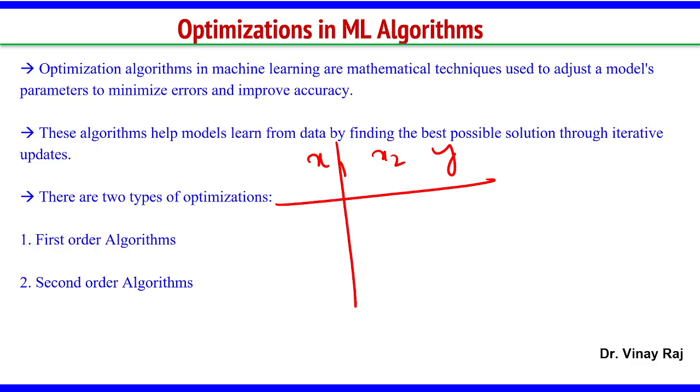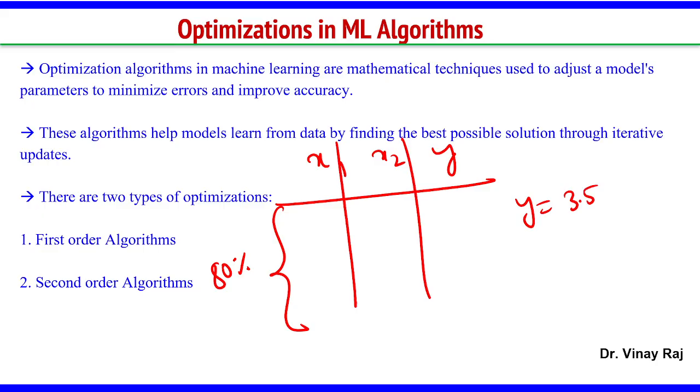Given values of x1, x2, I am finding out the value of y. This we do in regression. Using some 80% of data, I build a model, and that equation is y equal to 3.5x plus 4. Now, with the remaining 20% data, we will be testing the model.